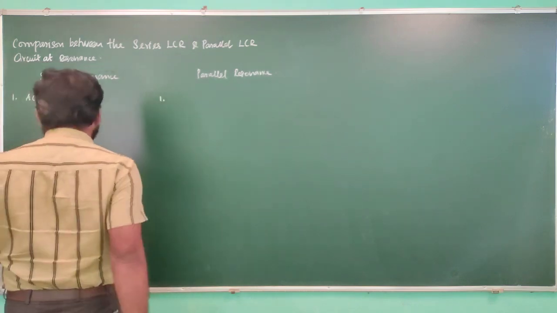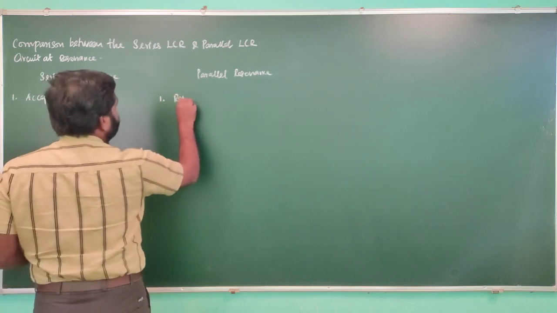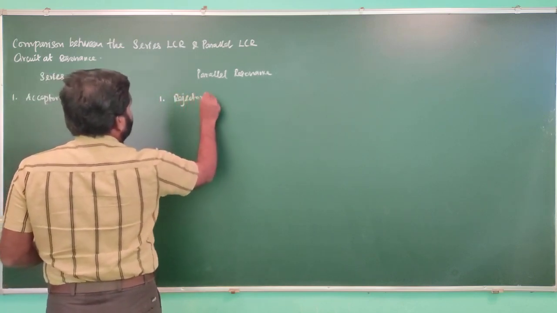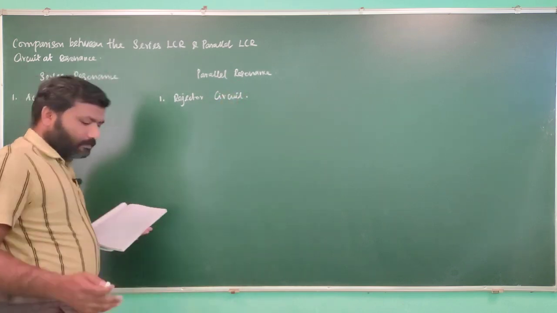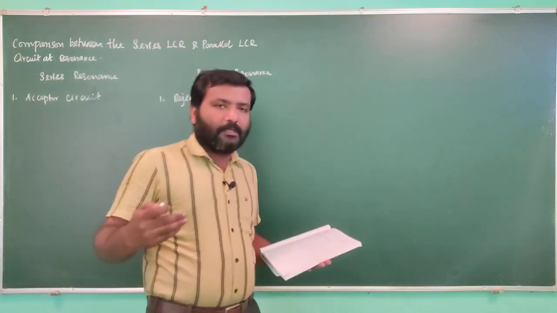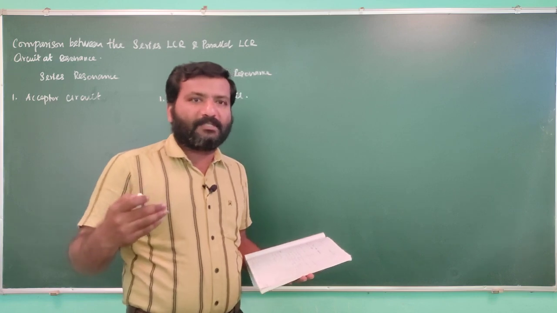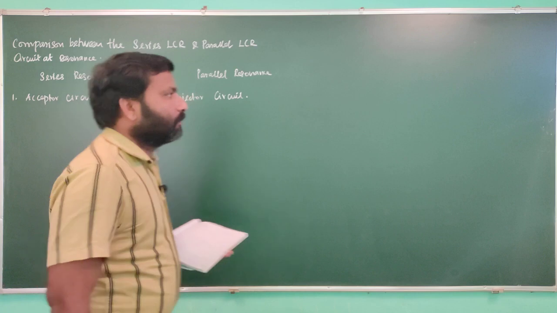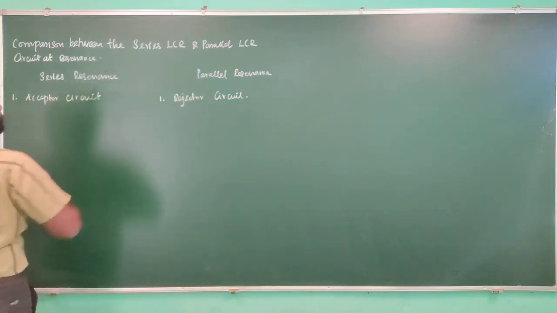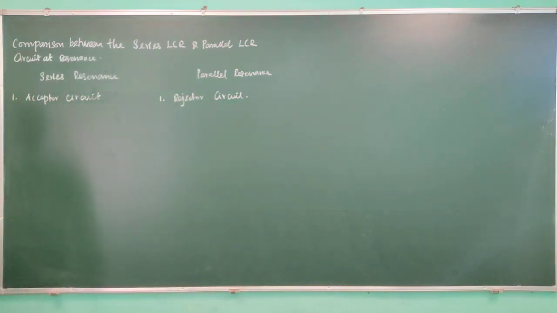Whereas parallel resonance is a rejector circuit, so that at resonance the unwanted frequency is suppressed. Here the wanted frequency is filtered out.